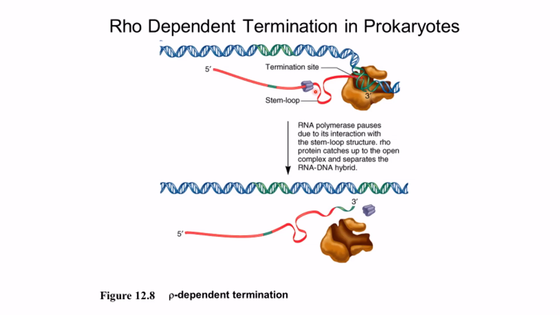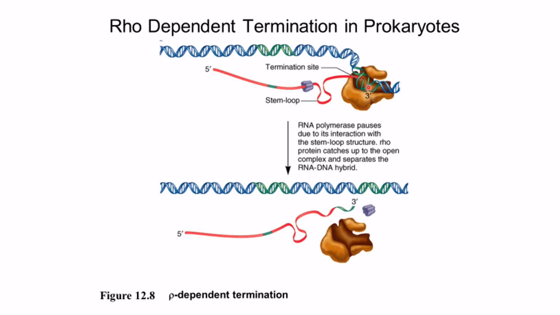This is due to complementarity of nucleotides within this section of the mRNA molecule. Due to formation of the stem and loop-shaped structure, the RNA polymerase, which is now near to the terminator region of a transcription unit, pauses. Due to pausing of RNA polymerase at this position, the rho protein will now try to move forward towards the 3' end.